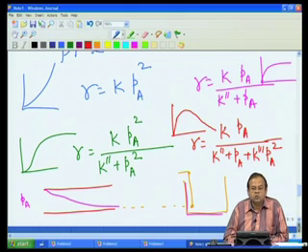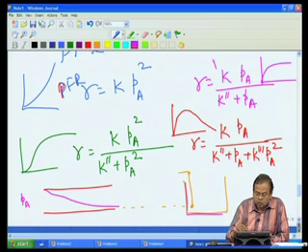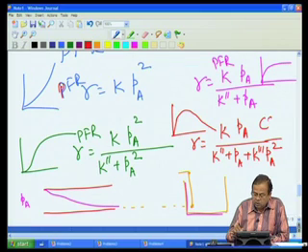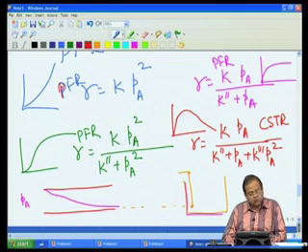I think the answer is clear now, that for this it is a PFR, this is also PFR, this is also PFR, but only the last one it is CSTR.